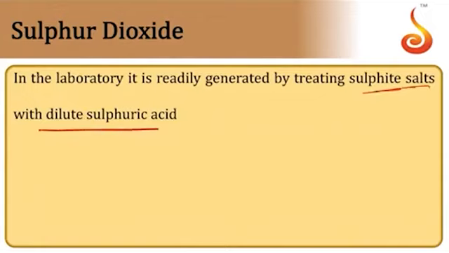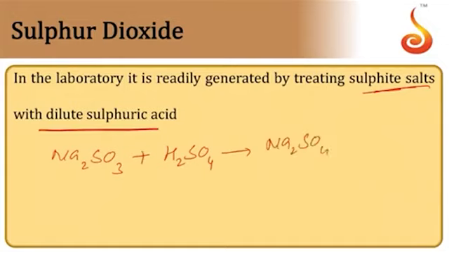You can take an example of sodium sulfite, Na2SO3, with sulfuric acid, H2SO4, giving rise to Na2SO4 plus sulfur dioxide plus H2O. So sulfur dioxide is formed by the action of sulfuric acid on sulfite salts in the lab.